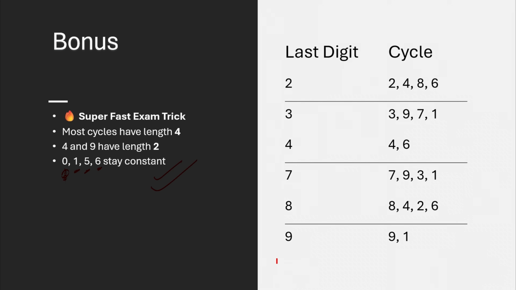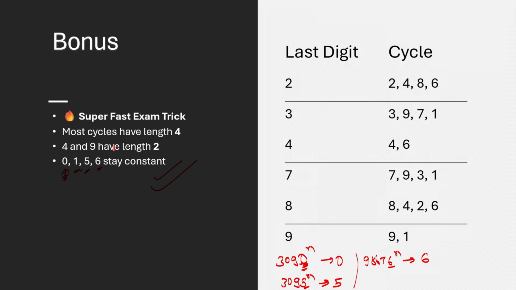For example, suppose the last digit of any number is 0 and it is raised to the power n, it will always give the last digit as 0. 3095 raised to the power n always gives last digit as 5, so it remains constant. Similarly, 987 6 raised to the power n always gives last digit as 6, and similar is the case for 1.